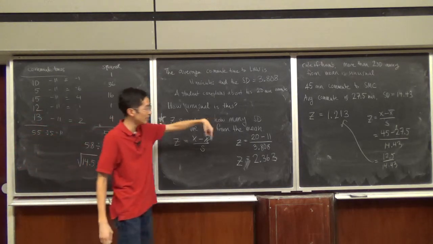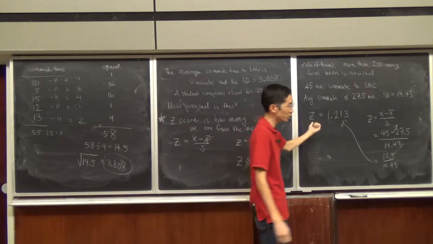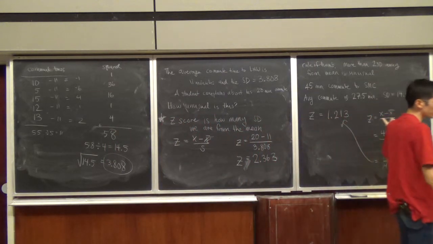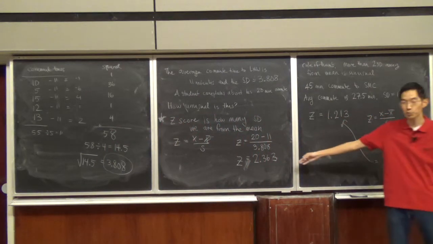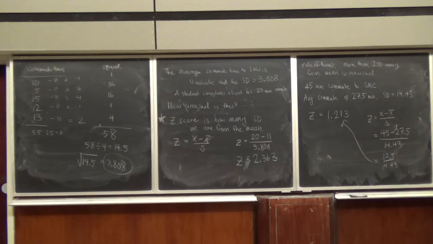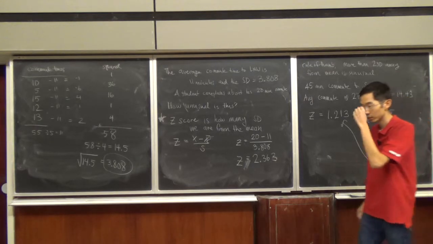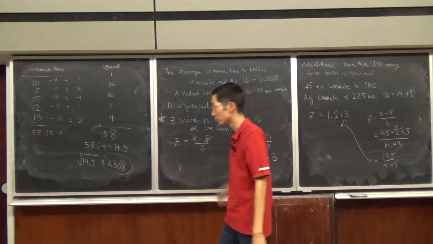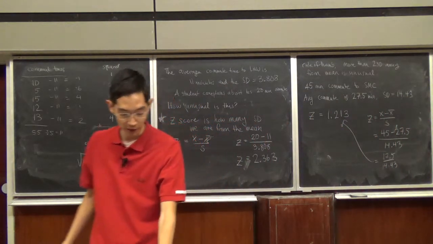If we're comparing these two students, this person's commute is only 1.2 standard deviations away from the mean, and this person's commute is indeed larger than that, 2.36 standard deviations away from the mean. So a student saying that his commute time is greatly different from mine over here would be justified in doing so.